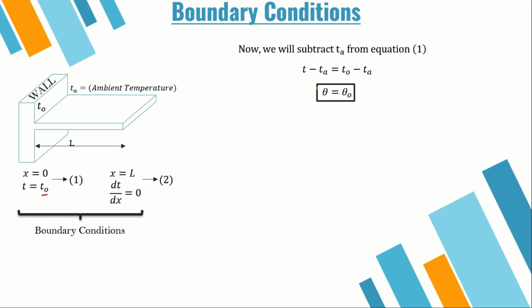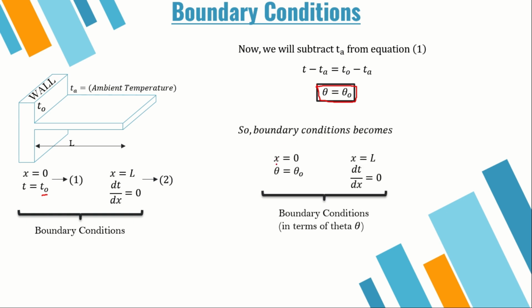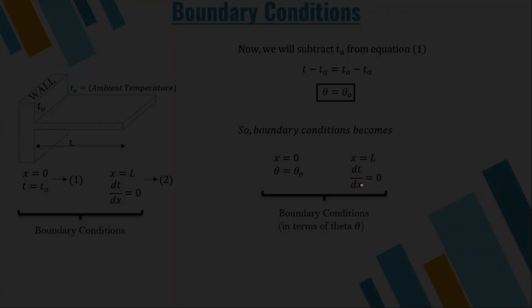So this is the same as theta is equal to theta naught that we did previously in the case of the infinite fin. So now the boundary condition becomes: when x is equal to 0, theta is equal to theta naught, and when x is equal to L, dT by dx is equal to 0. So now the boundary conditions are changed in terms of theta.